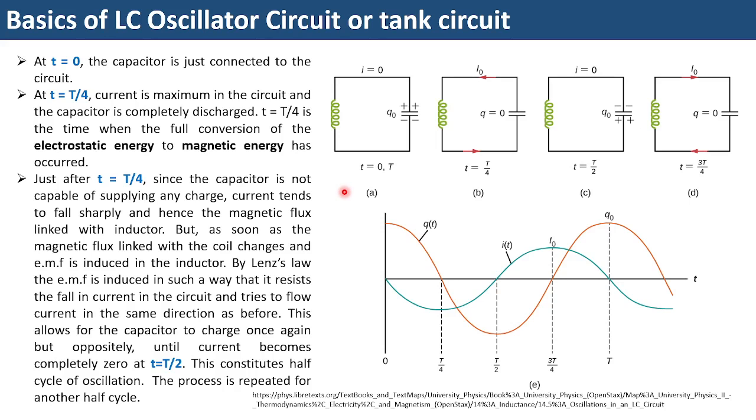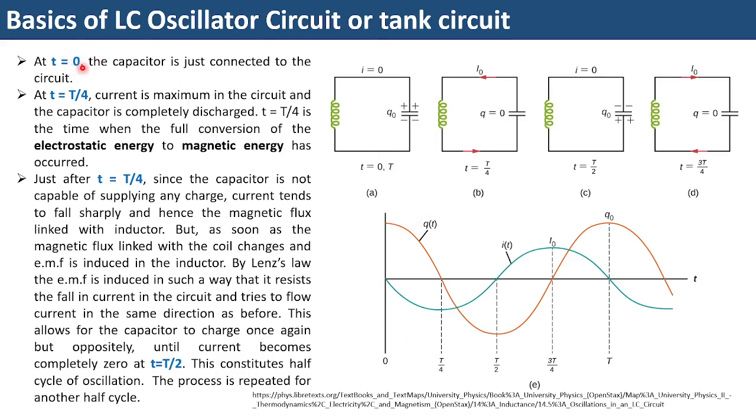Now if we consider the time period of oscillation, that means the time taken for one complete oscillation of current, then we can divide this into 4 consecutive times: 0, then T by 4, then T by 2, and thrice T by 4, because after time T, once again the same phenomena will occur. Okay, so let us observe what happens at different time instances.